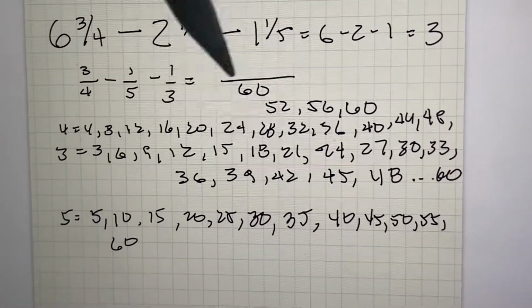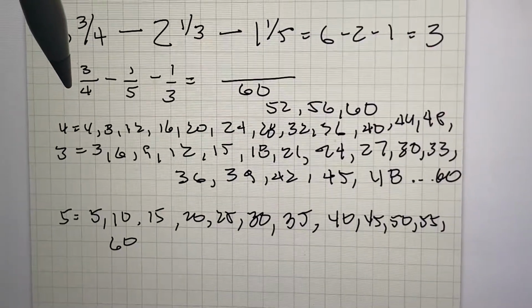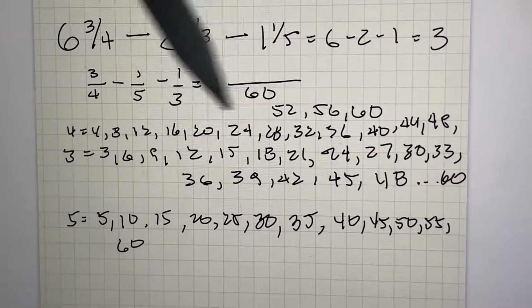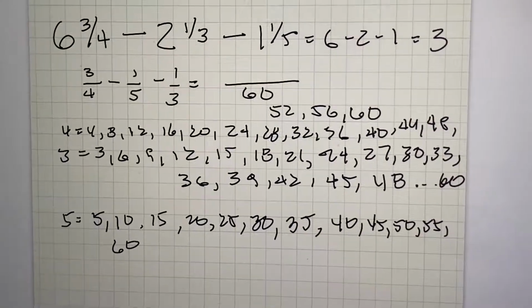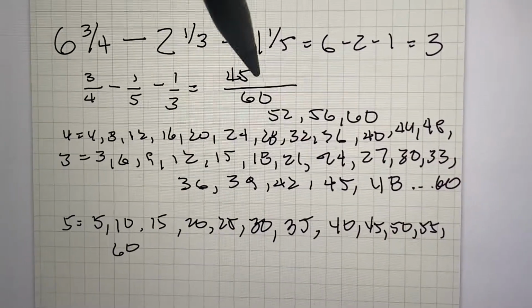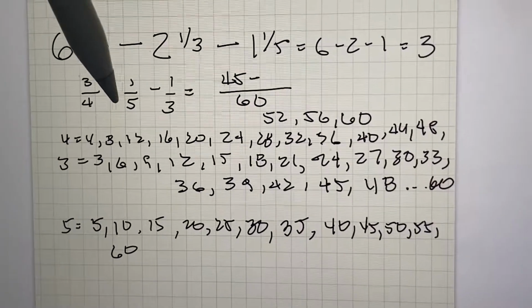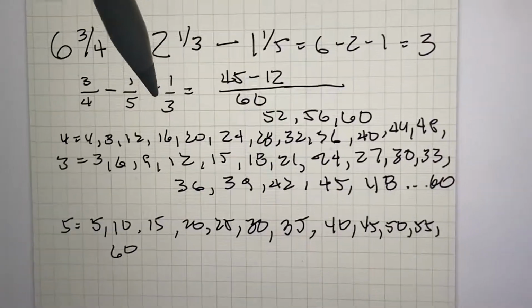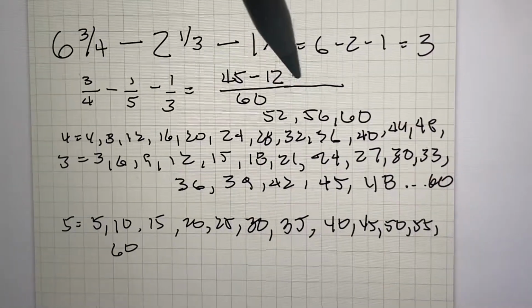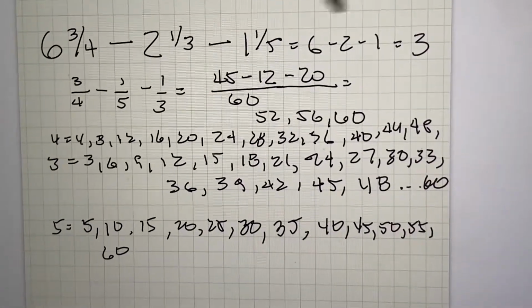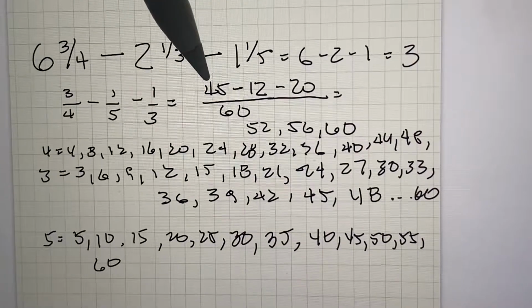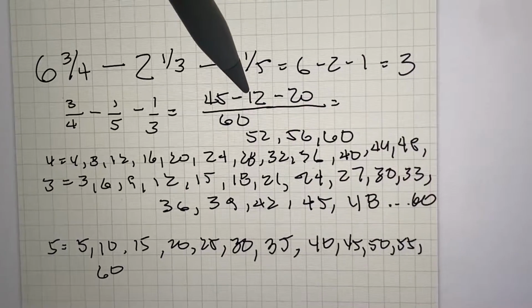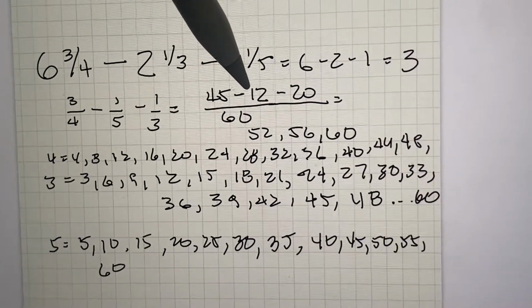Okay? So 60 divided by 4 is 15, times 3 is 45. 60 divided by 5 is 12. And then 60 divided by 3 is 20. Okay, so now I have 45 minus 12 would be 27, correct?